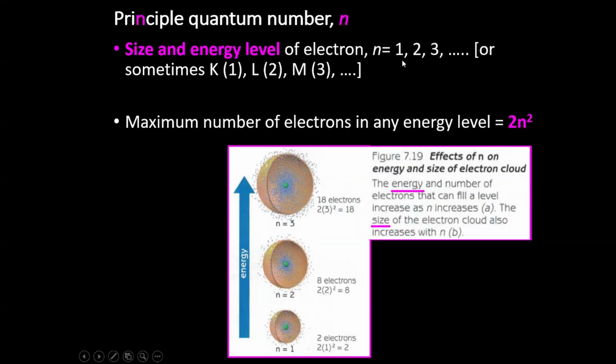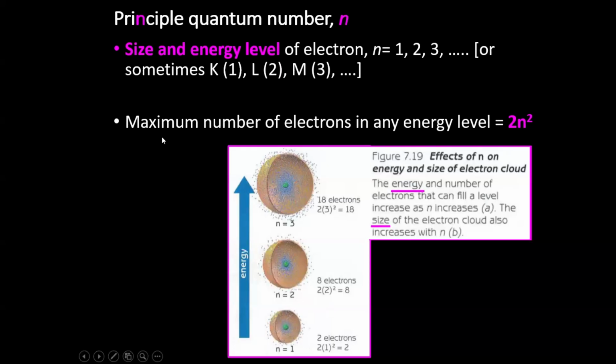So they're all whole numbers: 1, 2, 3, 4, etc. Sometimes they're also labeled with letters starting with K and proceeding from there. K is the first level, L is the second level, M is the third level, and so on.